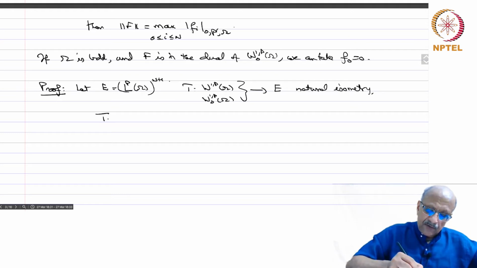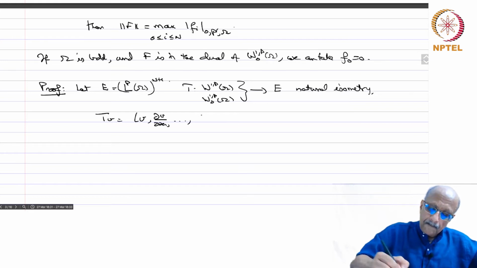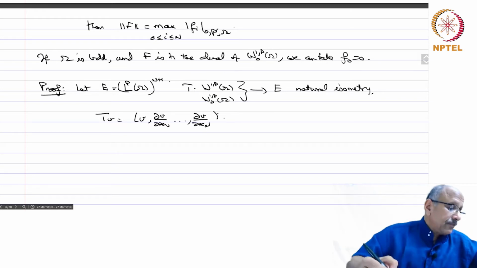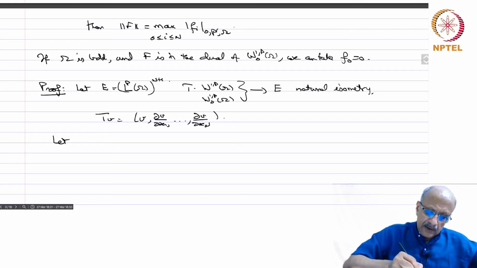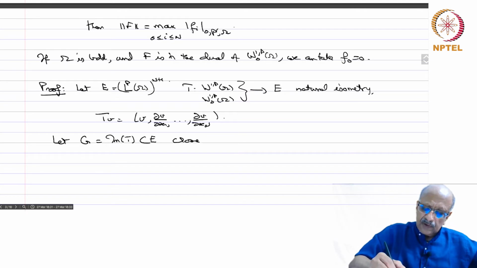Namely, T of v is equal to (v, dv/dx_1, ..., dv/dx_n). Now let G equal the image of T contained in E. So this is a closed subspace because T is an isometry.